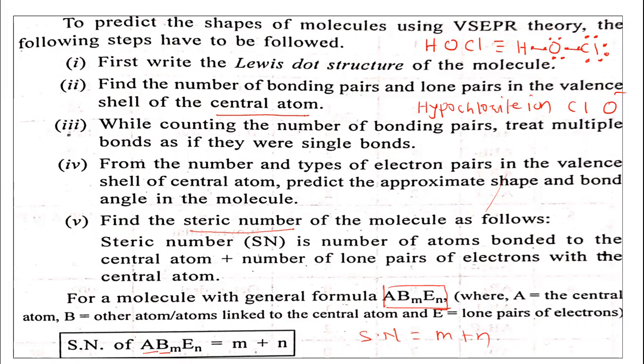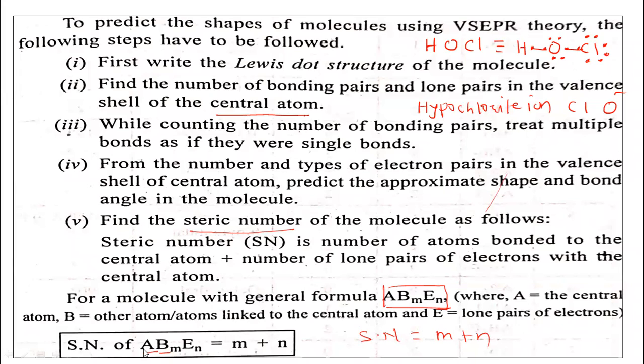Now, the general formula to predict the steric number is ABmEn, where A is the central atom, B is the other atom linked to the central atom, and E is the lone pair of electrons.